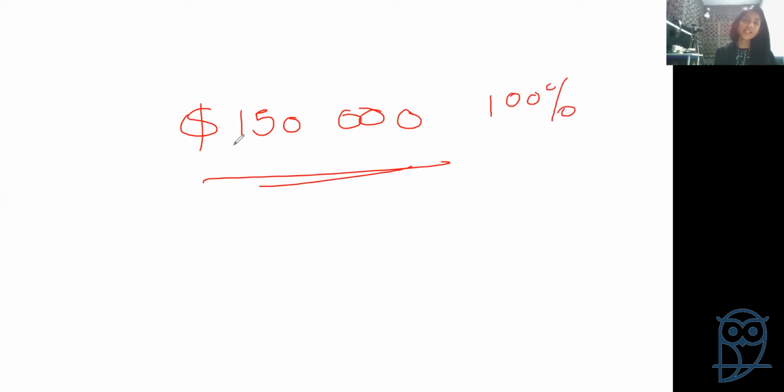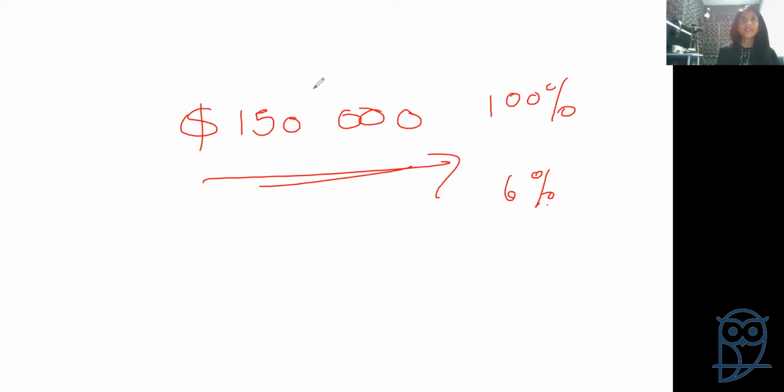And so just say, for example, my property of 150,000 had an increase of 6%. So suddenly my property value jumped by 6%. How do I go about calculating the new value of my property?